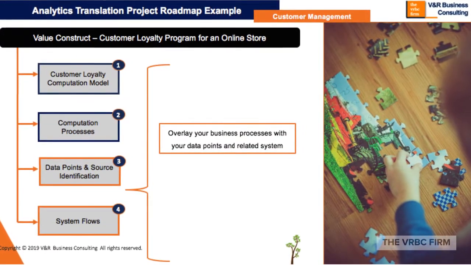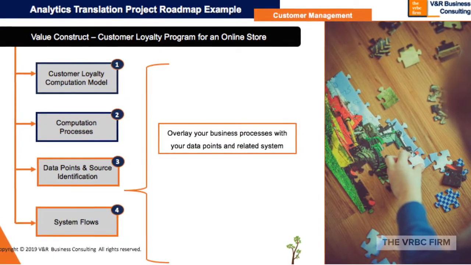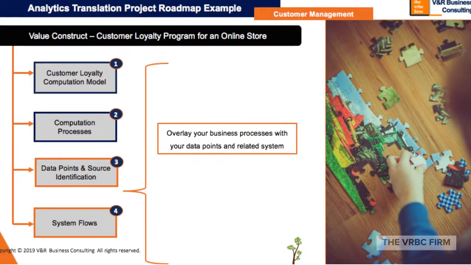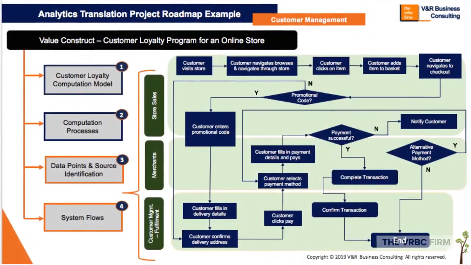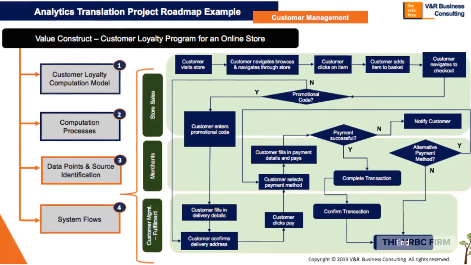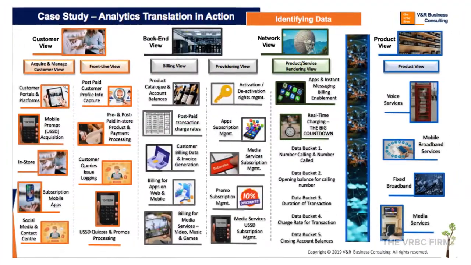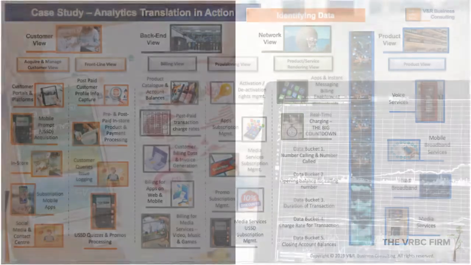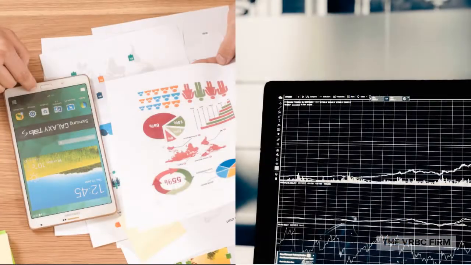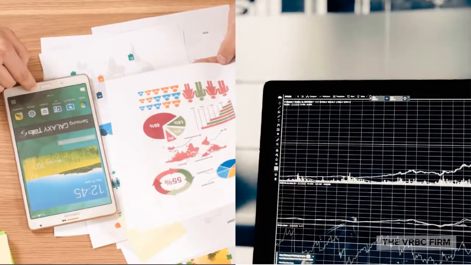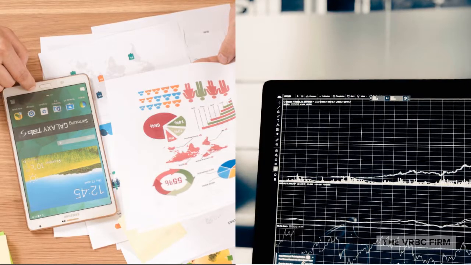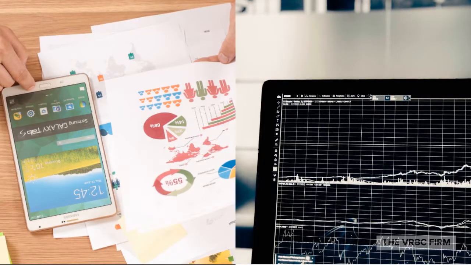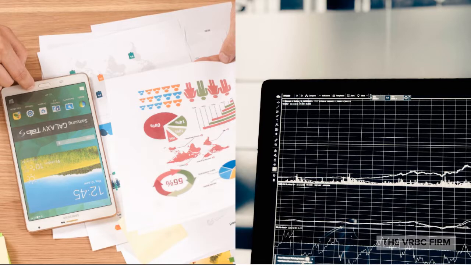You then overlay the journey points on your system data map. Now you have both a business view and a data view. We can then move on to the work breakdown structure and capture the activities for the project roadmap.